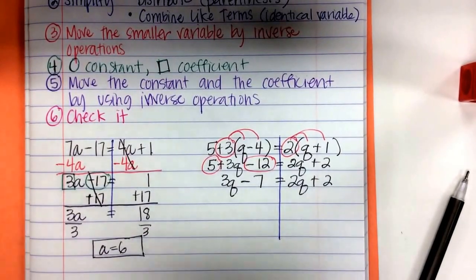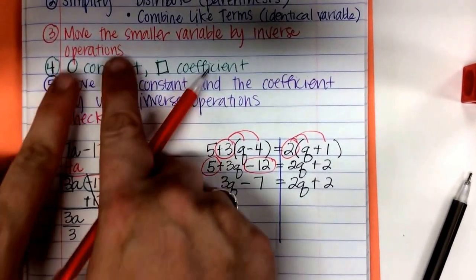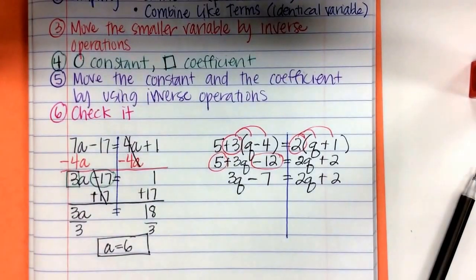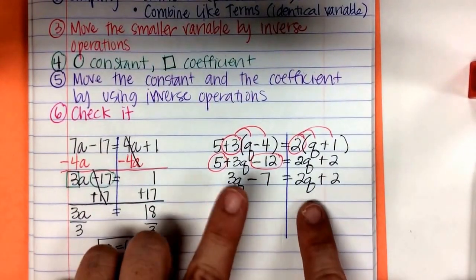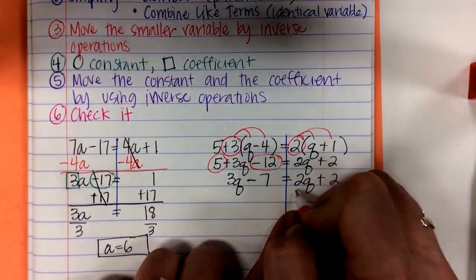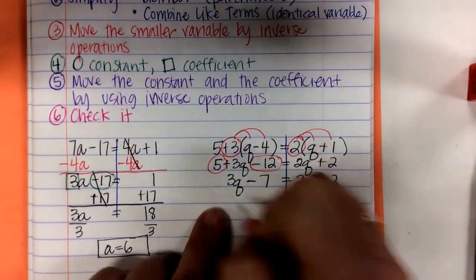My new step: move the smaller variable. Which one's smaller? So minus 2Q.